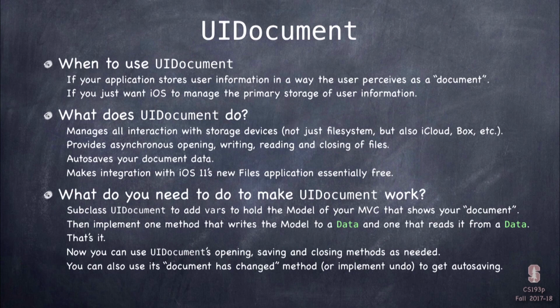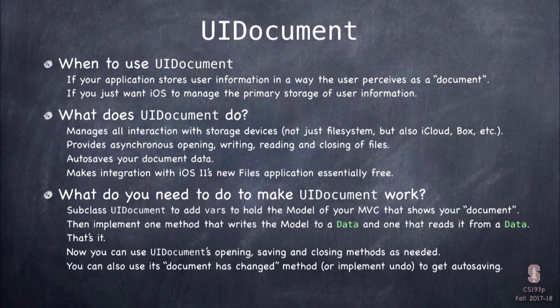That's really all you have to do. The only other thing you might want to do is tell the UIDocument whenever your document changes, like if you drag a new emoji in, and then it'll autosave. You have to tell it that, otherwise it doesn't know when to autosave. But that's it. It's literally called one function, my document changed, and it'll figure it out from there. That's all you have to do to make UIDocument work.